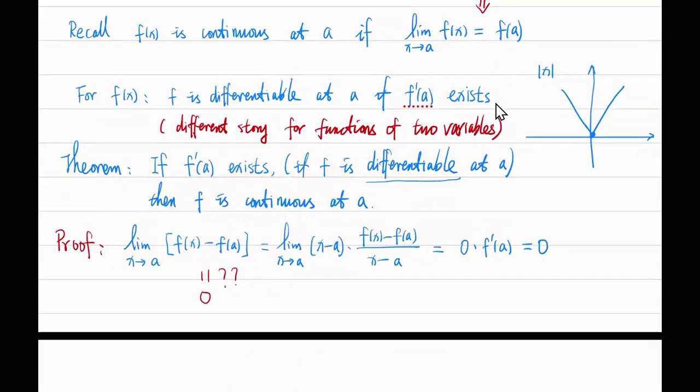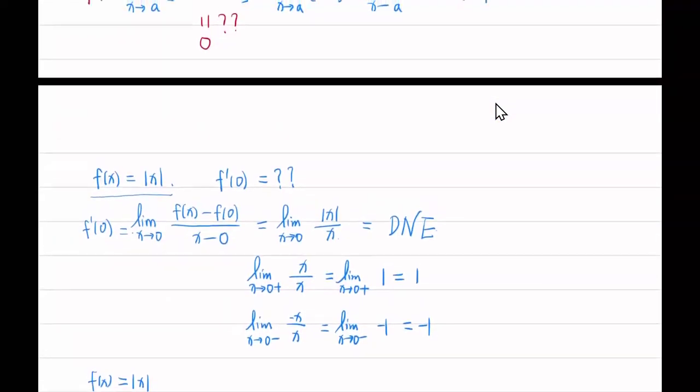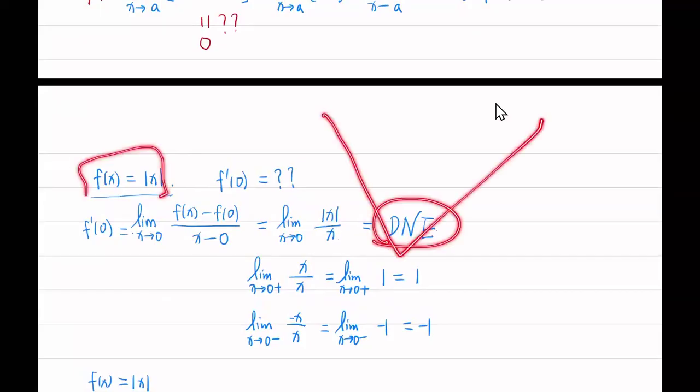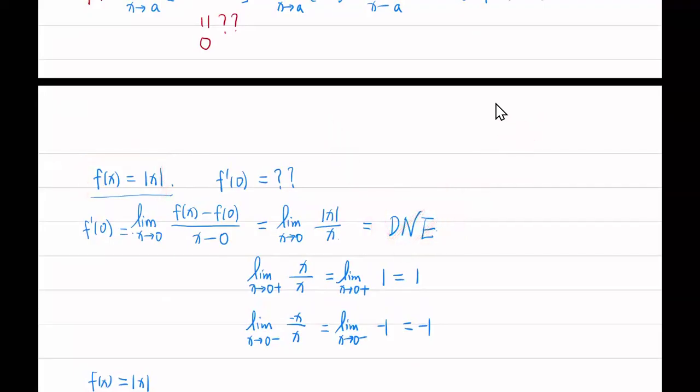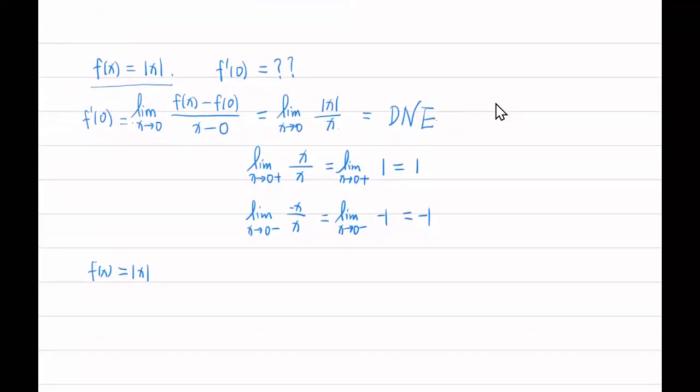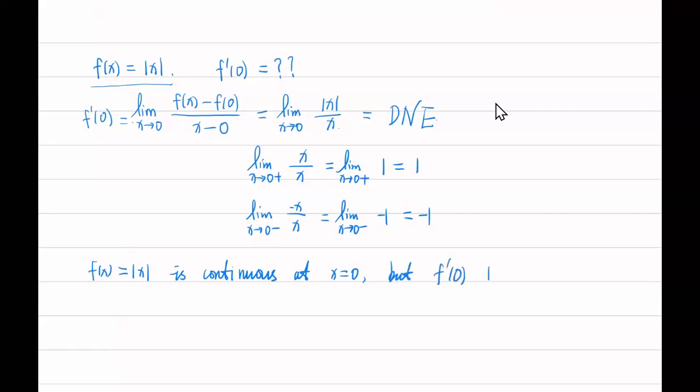If the derivative doesn't exist, we cannot say f is not continuous. In this example the derivative doesn't exist at 0, but the function is still continuous. We can see the graph is a V shape, it's continuous. But the derivative doesn't exist.